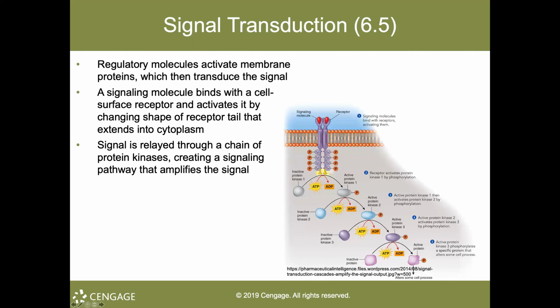So, to start, there are signal molecules that bind to receptors that transduce signals. These signal molecules will bind to a cell surface receptor and activate it by changing the shape of the receptor tail that extends into the cytoplasm.